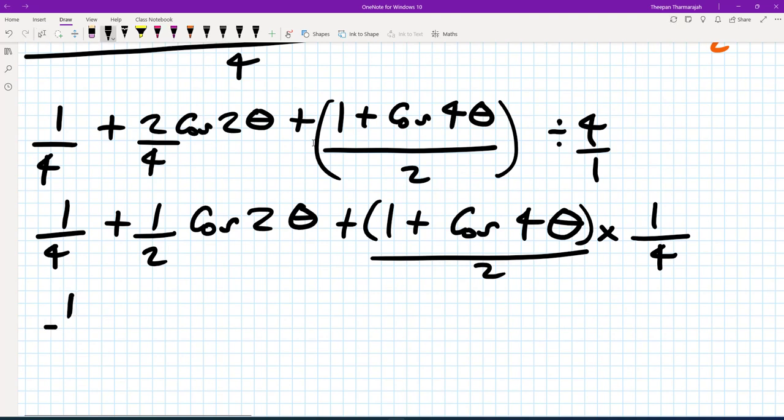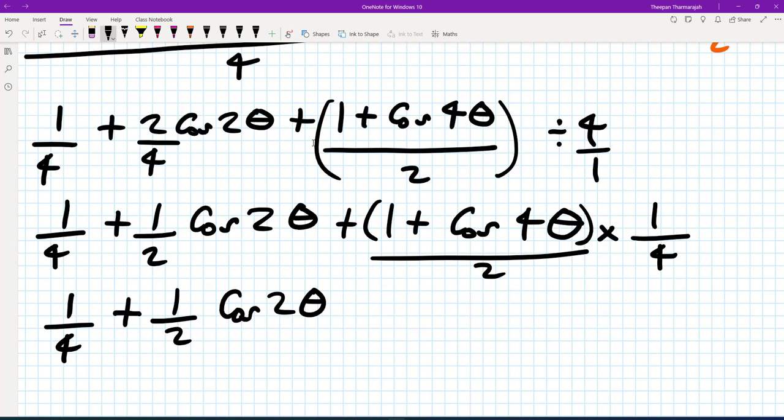1 over 4 plus a half cos 2 theta. Now it's very important that you put brackets around that because it's more than one term and the quarter gets multiplied by both terms.